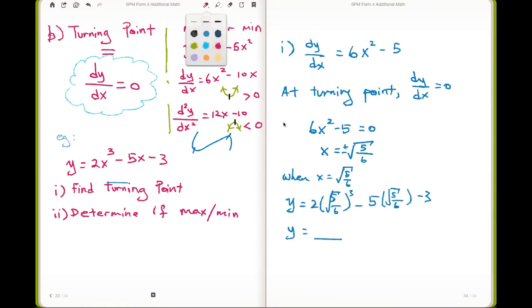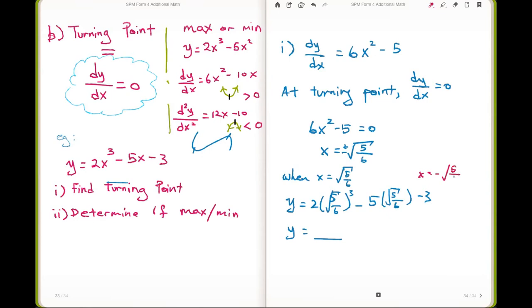What I have here is not a design question, that's why the answer, this is one coordinate, and you may work out with x negative, x equals negative root 5 over 6, put into the equation, you get your y, this is the x, and then you differentiate this another time, part 2. So d2y over dx squared is equal to 12x.